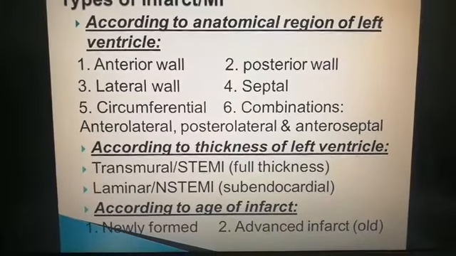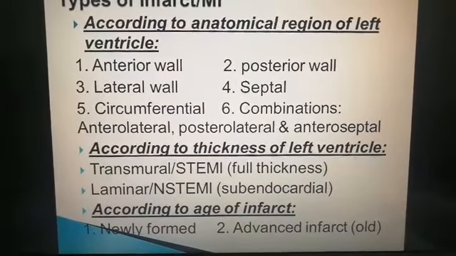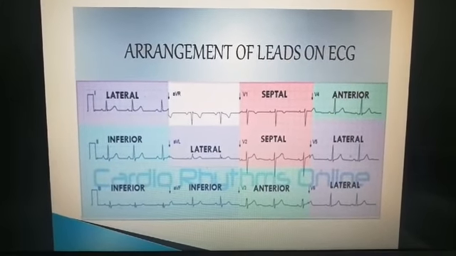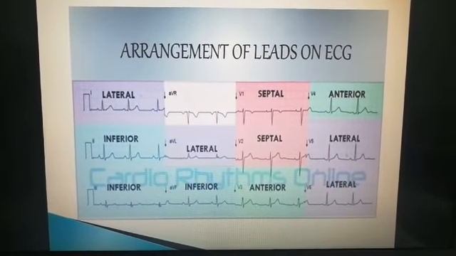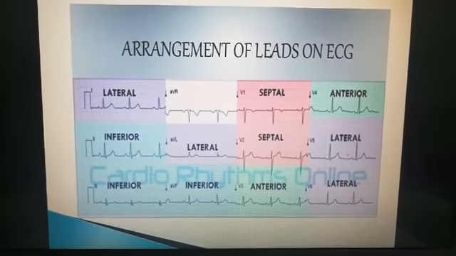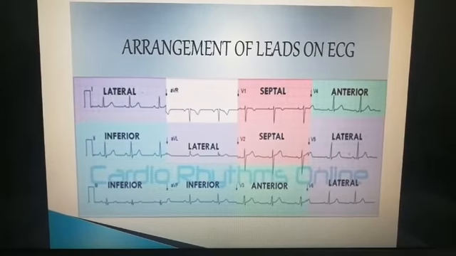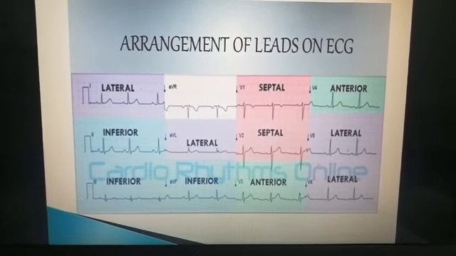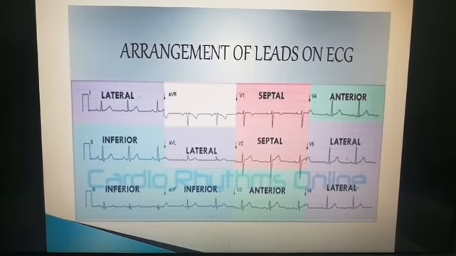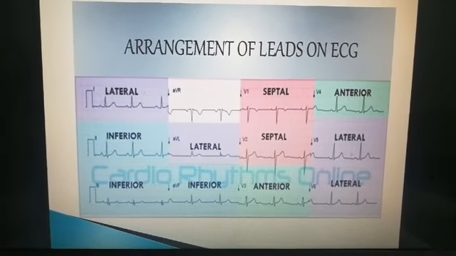You can also see the left ventricle and its lateral wall. Lead 1, AVL, V5 and V6 depict the lateral wall of the left ventricle, while lead 2, lead 3 and AVF depict the inferior wall.